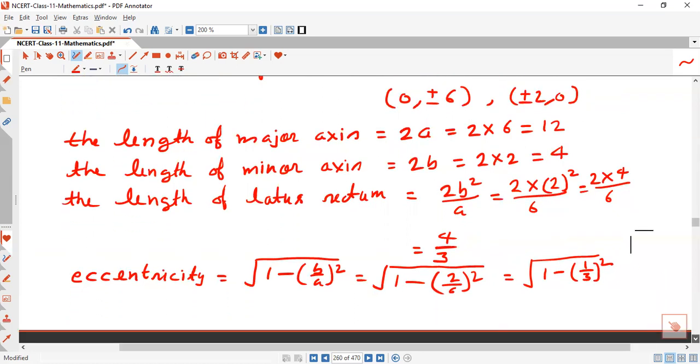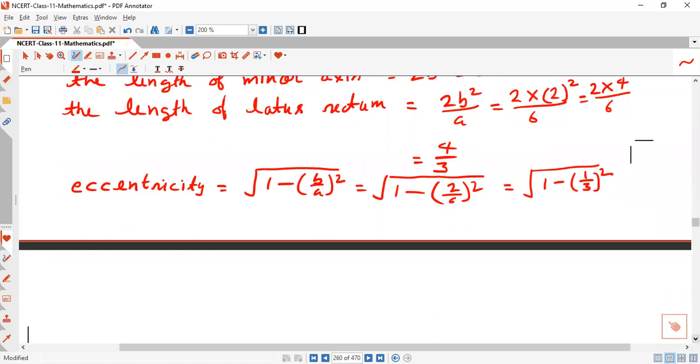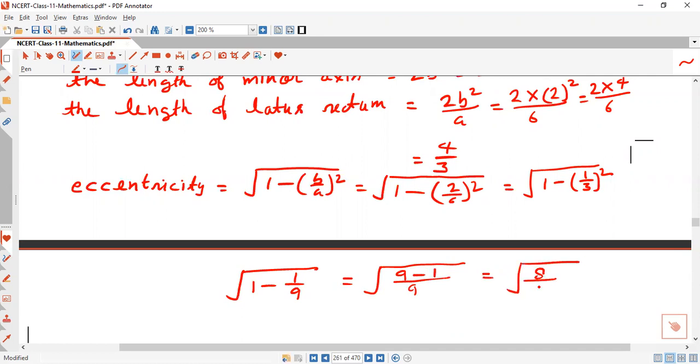Now taking the square, we are getting under root 1 minus 1 upon 9. Taking 9 LCM, we are getting 9 minus 1. We are getting under root 8 by 9. It will come out 2 root 2 by 3. So this eccentricity e will be equal to 2 root 2 by 3. This is the answer, the eccentricity.